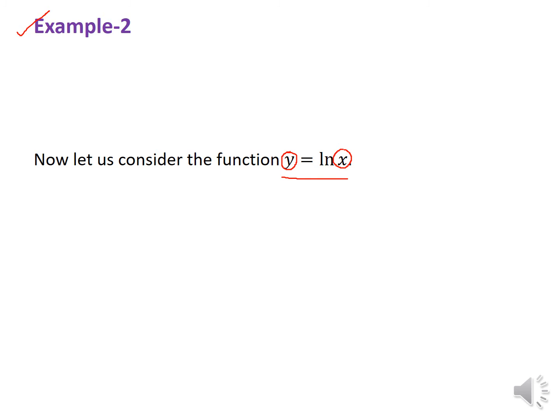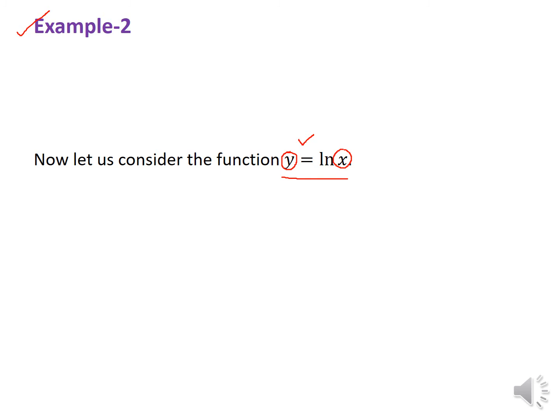Now for this function y is equal to ln x, if x is equal to 0 or negative, then ln x will be undefined. You can use your calculator to verify this.